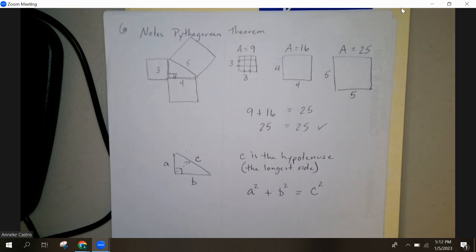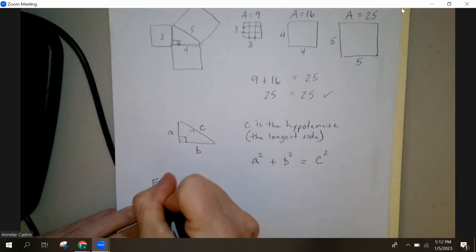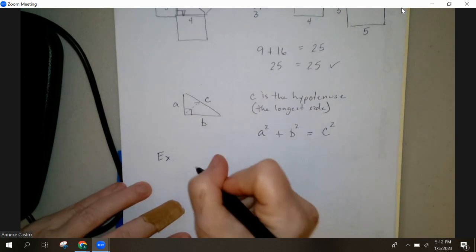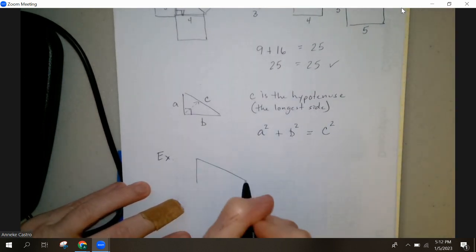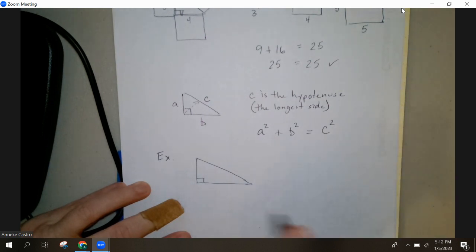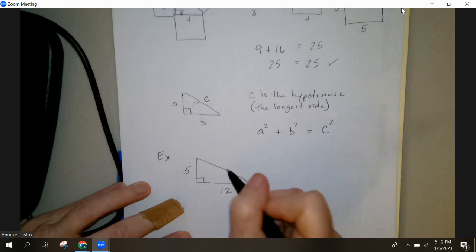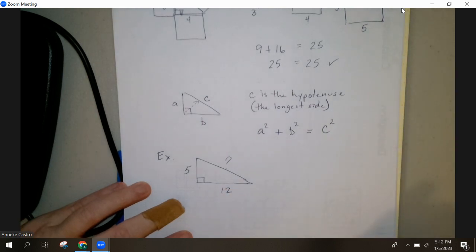So this is super handy when you have two sides of a right triangle and you're trying to find a missing side. So, for example, let's just make up one. If I have a triangle, and I know that it's a right triangle, and I say this side is 5, and I know this side is 12, and I want to find the longest side.